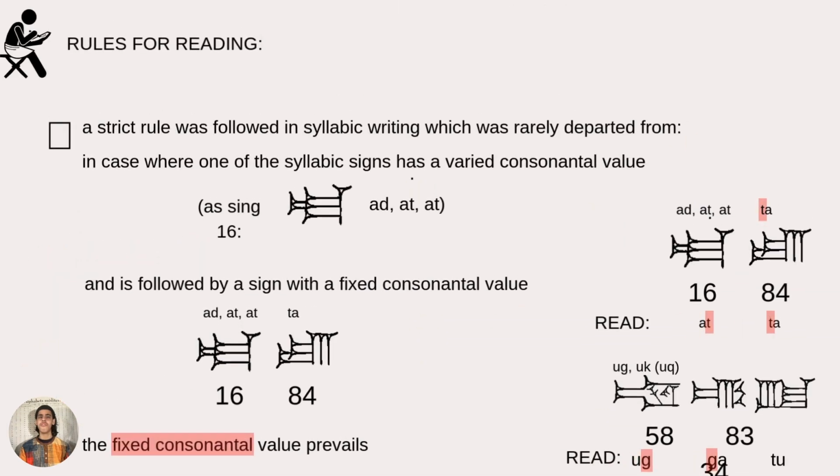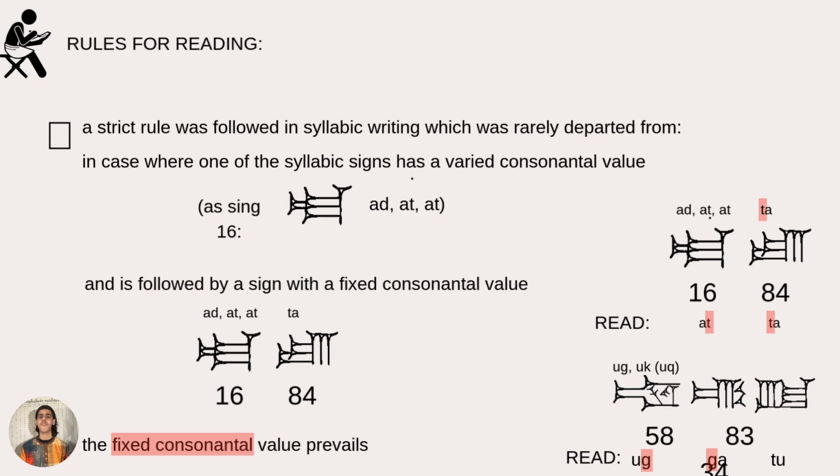Okay, let's go then. There are just a few rules for reading, like 5 rules or less, but this is the most important one and the one we need today. A strict rule was followed in syllabic writing, which was rarely departed from.